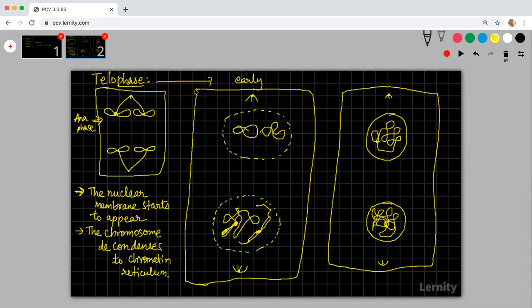Yes, mitochondria will be there, obviously. Please understand that the mitochondria will divide between the cells. In the same fashion as the nucleus is going, mitochondria will also get divided.